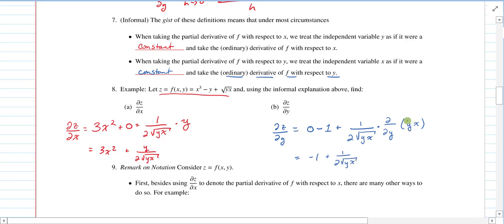And then if I ask what is the partial derivative of this expression with respect to y, I'm going to take the derivative of this expression, treating x as if it were a constant. And what's the derivative of just y times x? It would just be the constant x. And so this cleans up to be x over 2 square root of xy minus 1.